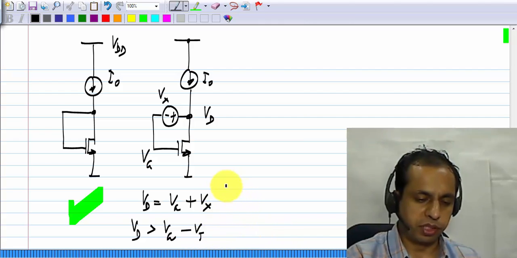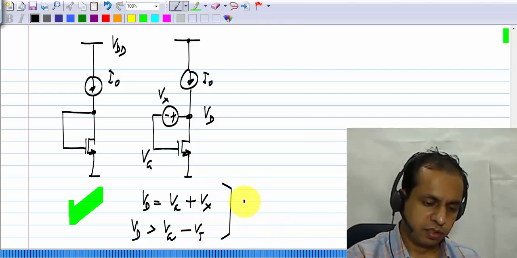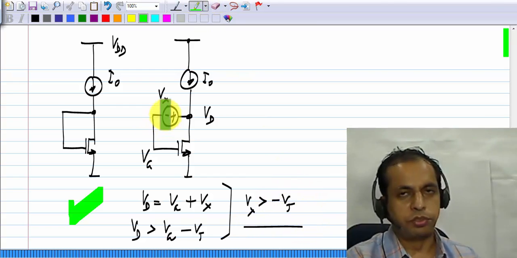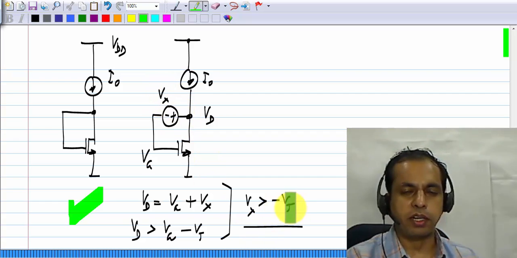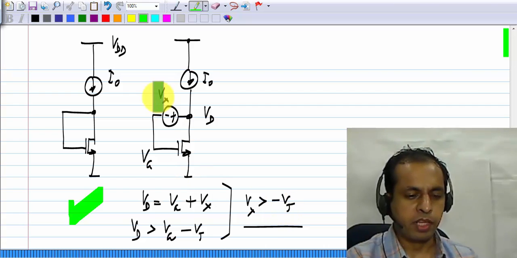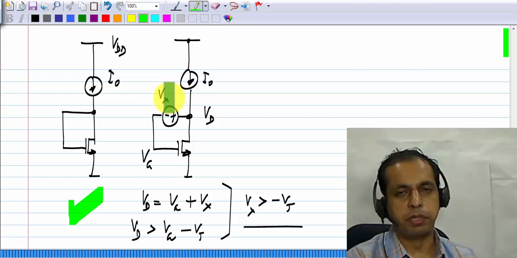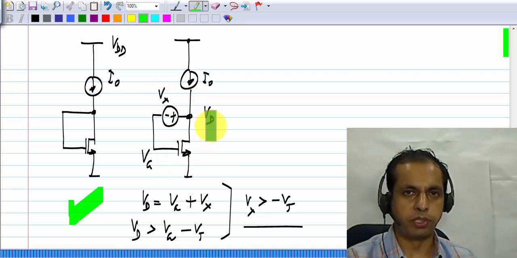So from these two you can see that Vx has to be greater than minus Vt. I have shown this with the positive polarity to the right towards the drain. Now this Vx could be negative, but it cannot be more negative than one threshold voltage. Okay, if Vx is minus half a volt, this will be in saturation region, but if it is minus 1.5 volts, this will go into triode region.